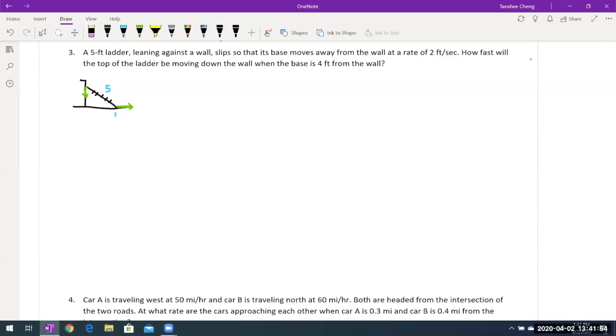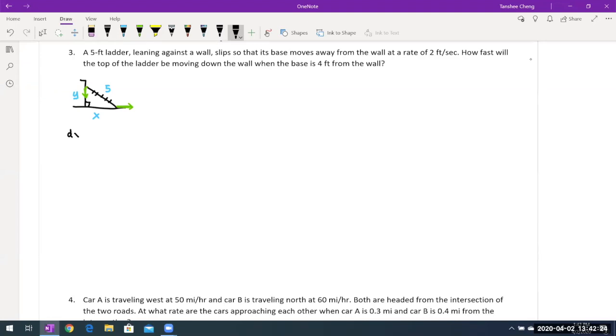Therefore, I will call this length x. That will be a variable. And because the top of the ladder is falling down, the height is also changing, so I will call it y. That's how I decided which parts of the picture are variable and which are not.